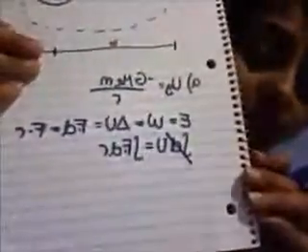From earlier, we know that the gravitational force is equal to G times the mass of the Earth times the mass of the object divided by the separation distance squared.